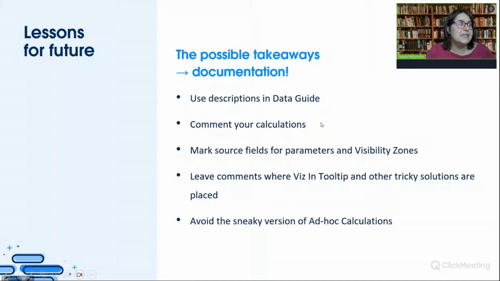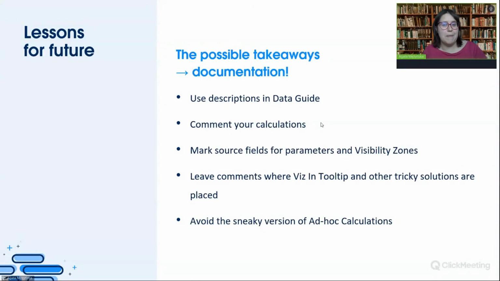Then the other thing that is worth doing is commenting your calculations. If they are tricky, let people know about that by writing comments inside the calculations. And one more thing, I don't know if you know about that, but there are 2 kinds of comments. You can write comments starting with 2 slashes or block comments in your calculations, but you also have comments in default properties.